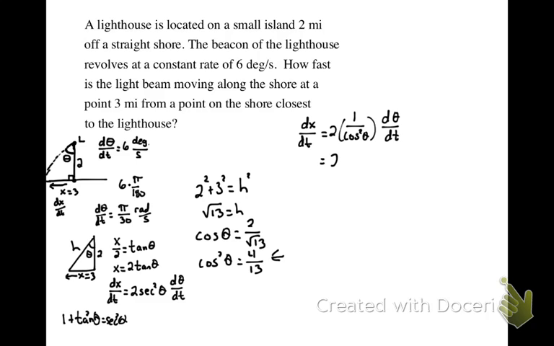We just found at the point in question the cosine squared of theta is 4 over 13. So 1 over cosine squared theta must be 13 over 4. And we're told from the beginning that d theta dt is 6 degrees per second, or in radians, because we converted it, pi over 30. We need that to be pi over 30 because we're always working in radians in terms of calculus.